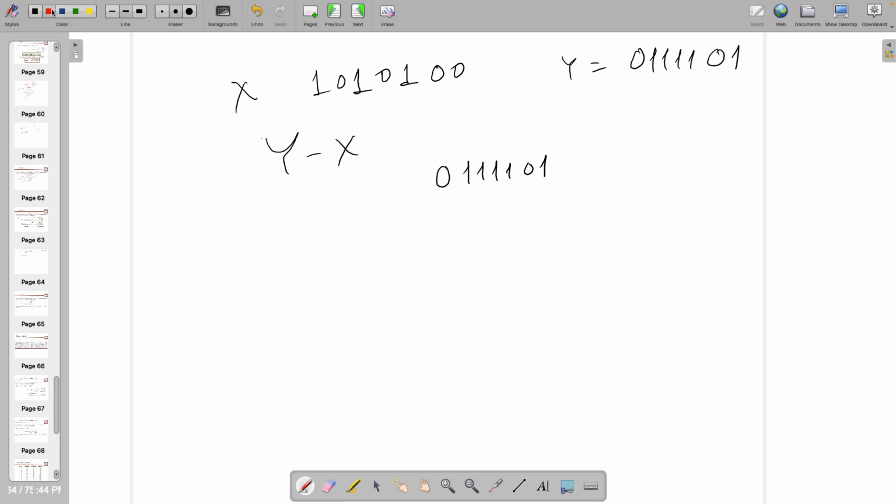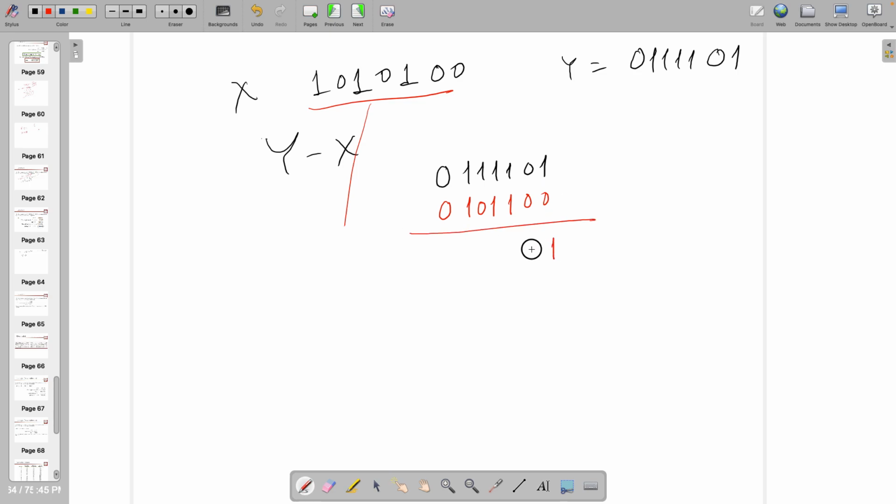Now tell me, somebody, what's your name? I forgot. Dev. So Dev, what is the 2's complement here? 0 1 0 1 1 0 0. This is correct, right? Now add these two numbers.